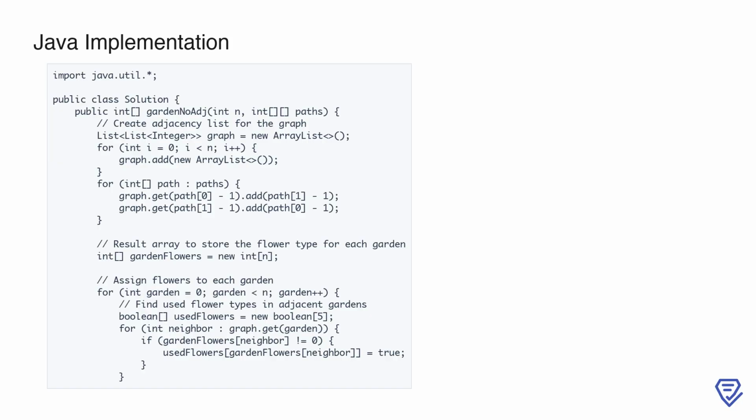Next, we declare an array called gardenFlowers to hold the flower type assigned to each garden, initialized to 0 since no flowers are assigned yet. The main loop iterates over each garden. For the current garden, we create a Boolean array usedFlowers to track which flower types are already used by its adjacent gardens. By iterating through the neighbors of the current garden, we mark the corresponding flower types as used in the usedFlowers array.